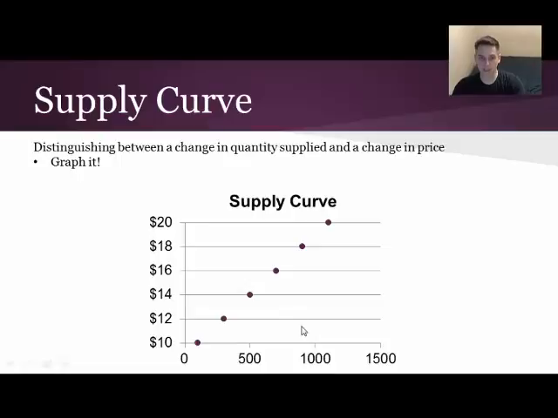That's because, again, as price goes up, so will the amount supplied. As price goes down to like $10, sellers are going to offer less of it. So at each price point, it lets you know how much sellers are projected to offer if that's how much they're going to be charging for a DVD.